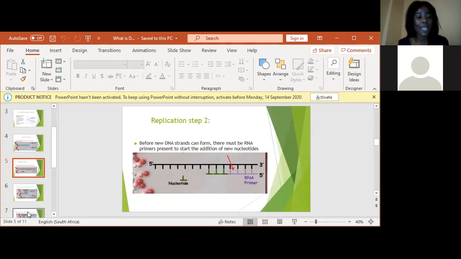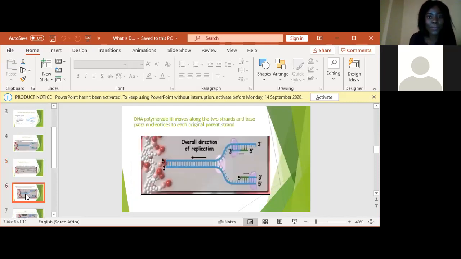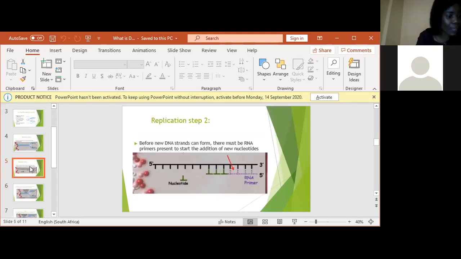Then another enzyme called DNA polymerase 3, which is the main replicating enzyme, binds to the primer and begins the process of DNA replication by generating the whole new complementary strand, adding DNA bases to the chain that was initiated by the primer.